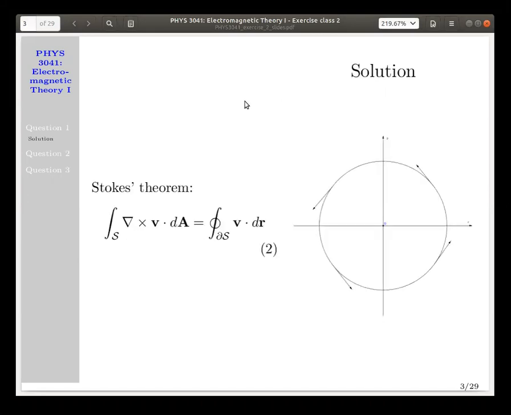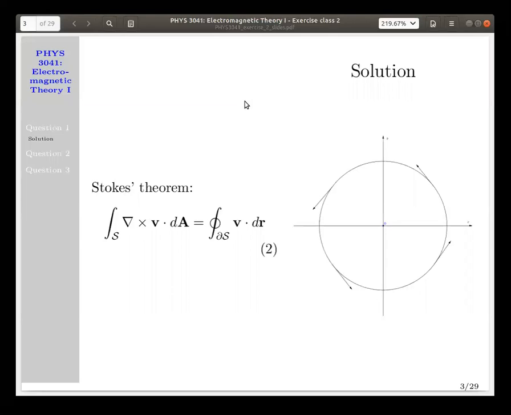Stokes' theorem states that the integral of the curl of a vector field over an area is exactly equal to the path integral of the vector field along the boundary of the area.